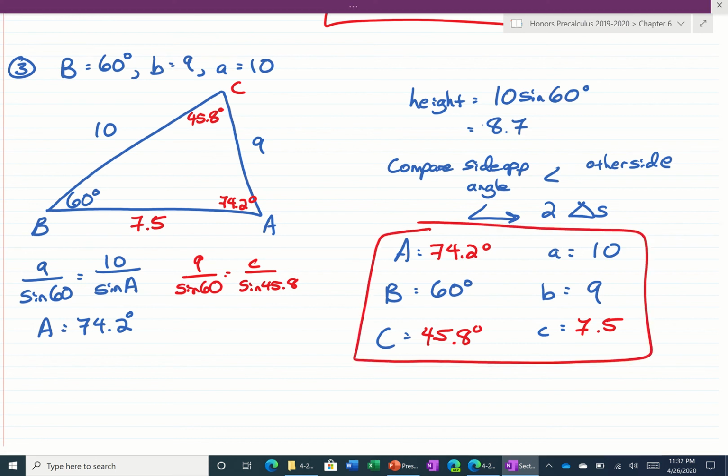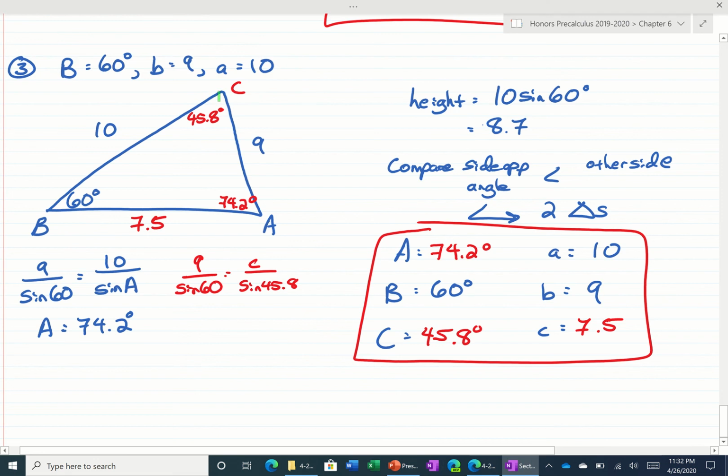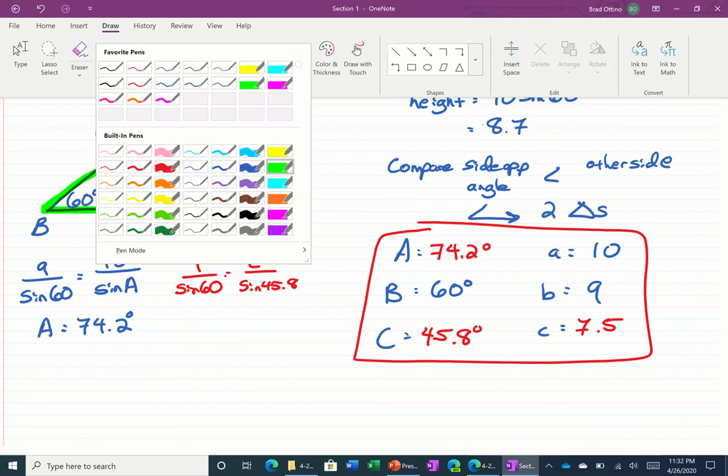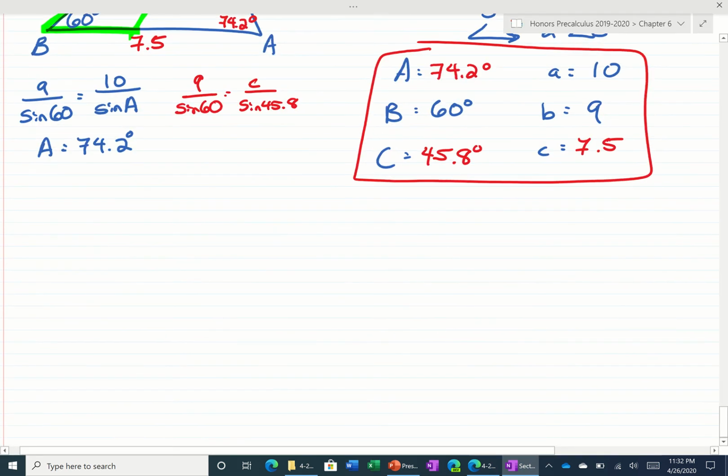Now the second triangle, what we're going to do is draw it leaving this side alone, this angle alone, but that side 9 we're going to draw over here. So the second triangle is going to look like this.